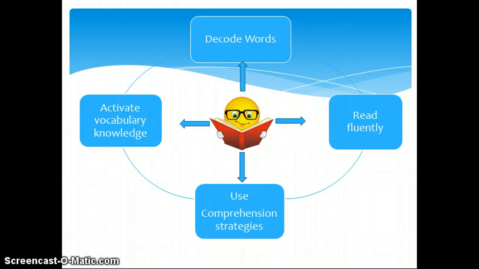You make assumptions about what words mean when you don't know them. So when you come across a word that you don't know, you go back over it, you look at the word parts, you make approximations. So you say, well, I don't really know what this word means, but it looks like or sounds like this word that I do know. So if I plug in that meaning, does the sentence make sense? And okay, so I get an idea of what that word means. So these are the types of comprehension strategies that good readers use.